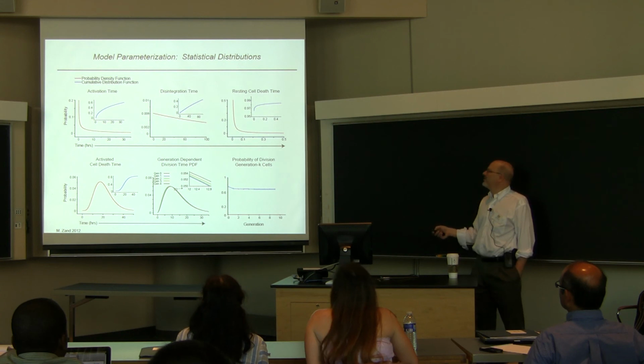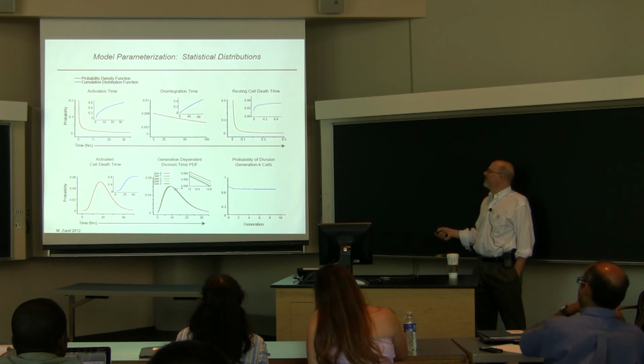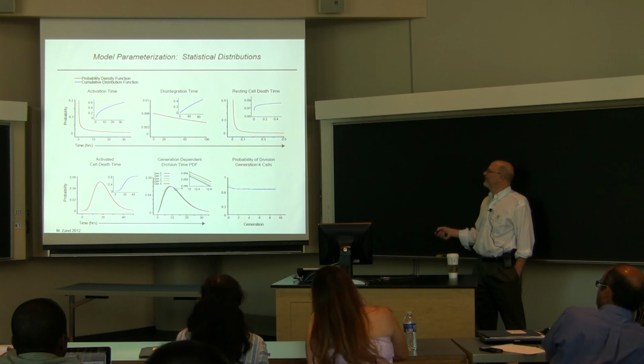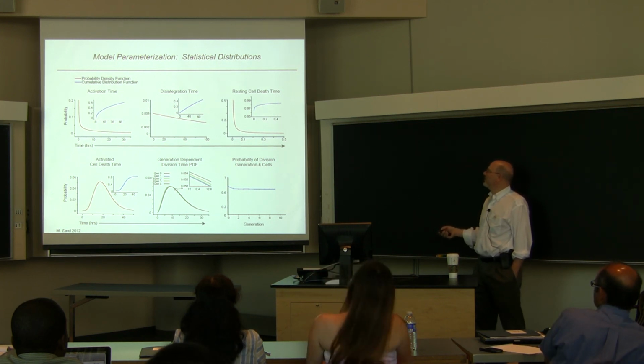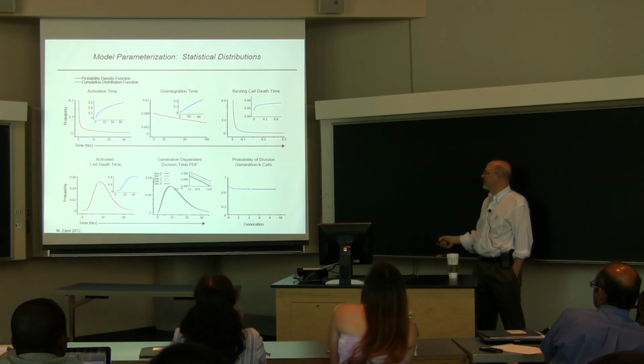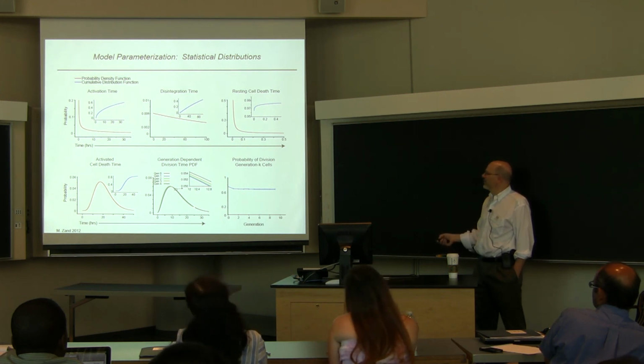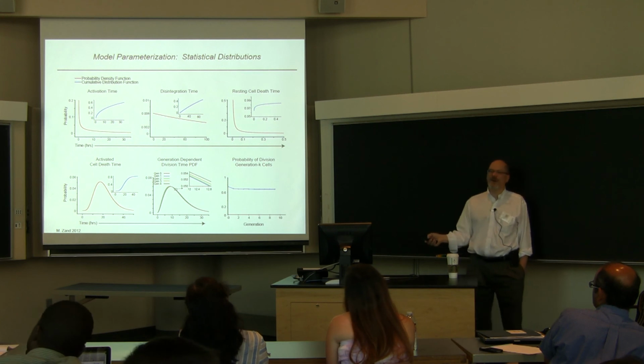They are a statistical distribution that is a probability of something happening and the time that probability would represent. So, 10% of the cells will be able to be activated in about an hour. Or when the cell dies, this is the probability distribution of the disintegration times for a population of cells. Or here's the distribution of the cell division times over a population.